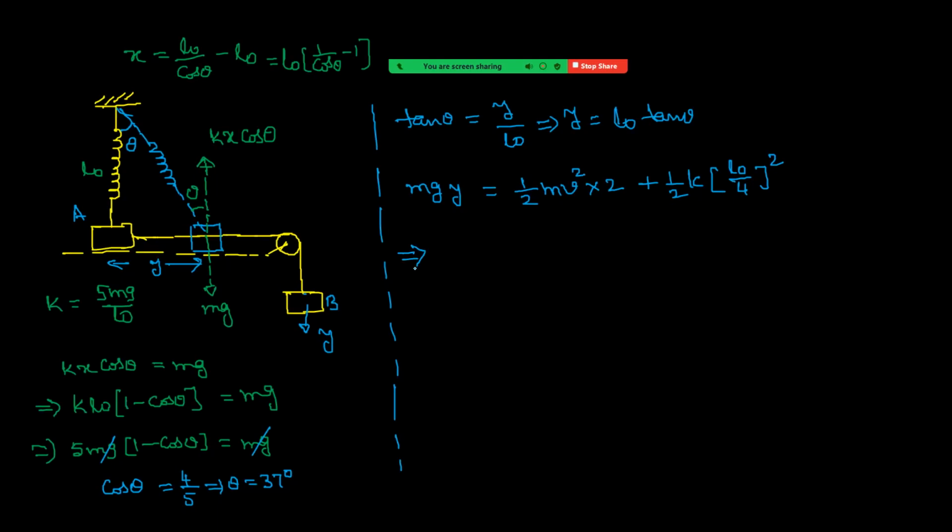See the calculation part. It is mg in the place of y, 3 by 4 L naught. I am taking this one to this side. Half kx square, in the place of k, substitute now this value, 5 mg by L naught.